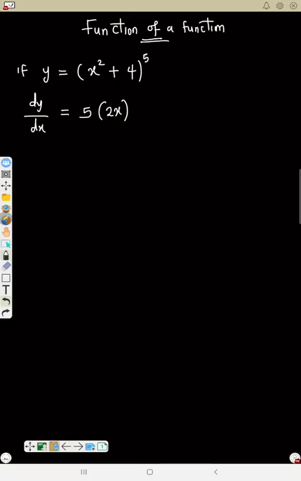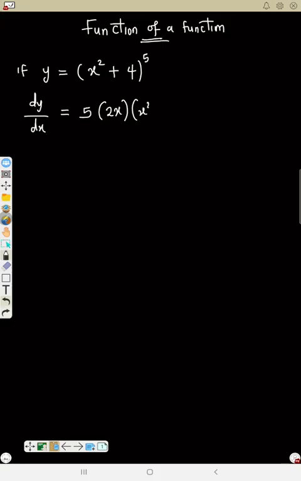So again, the first step, anything you have as power here, write it first. So you write the power first, followed by differentiating what you have in the bracket. We have 2x. Now rewrite everything in the bracket. Rewrite it as x squared plus 4.